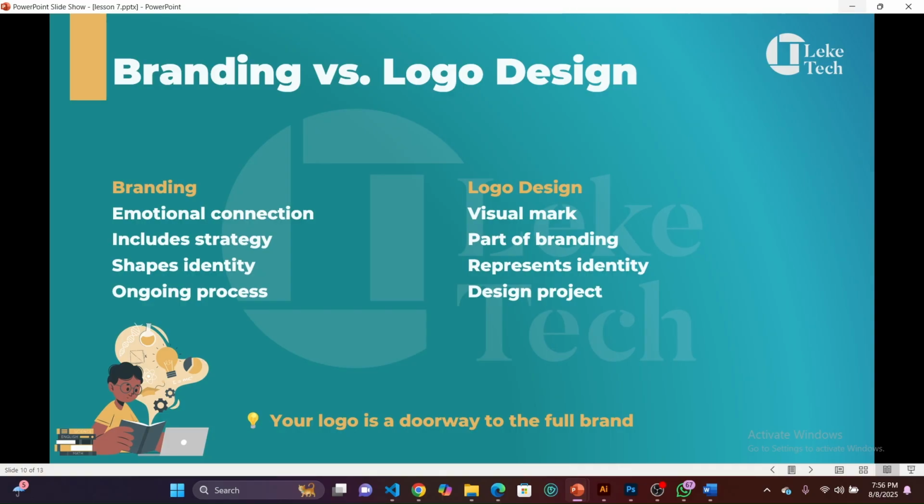So branding has to do with the emotional connection between the company or the brand and its audience, the strategy which they use in communication, in marketing, in business. Branding shapes the company's identity.